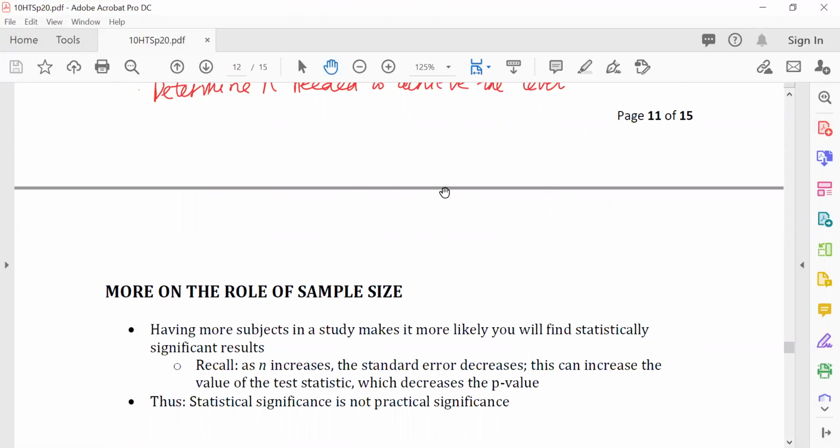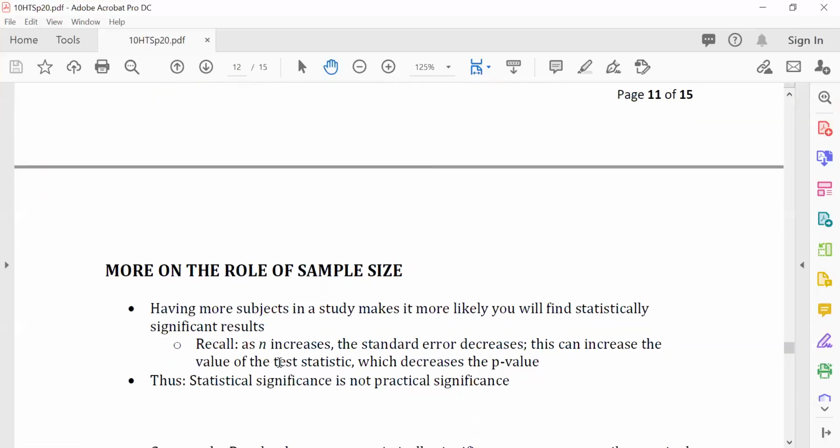So your p-value is smaller, which makes the p-value less than alpha more easy to happen. That will increase your power. So if you're having more subjects in a study, that will make you find statistically significant results more easily.